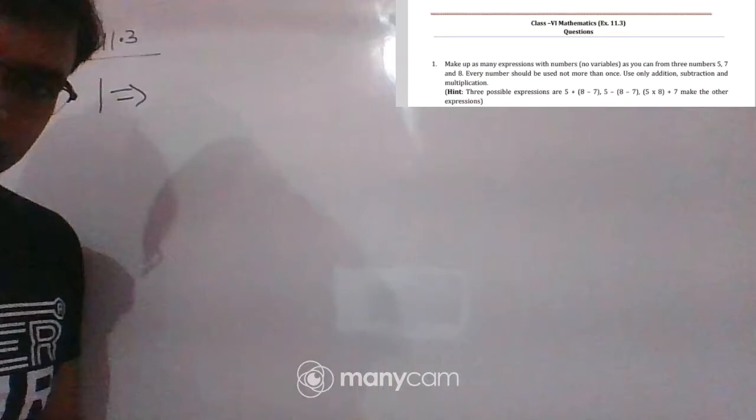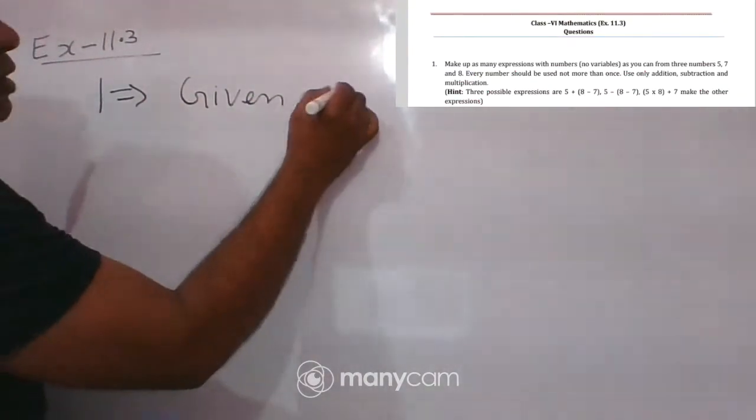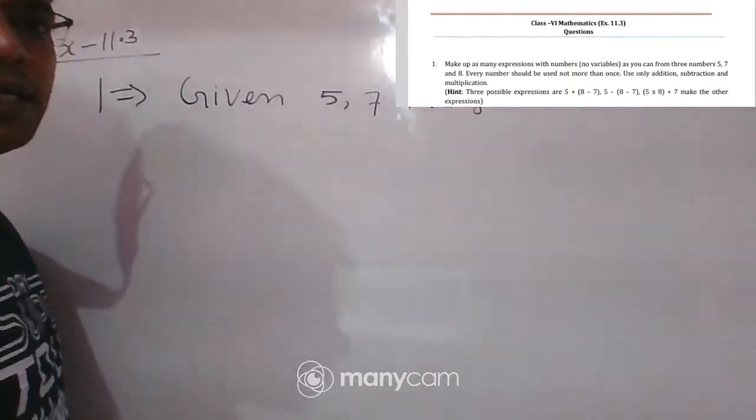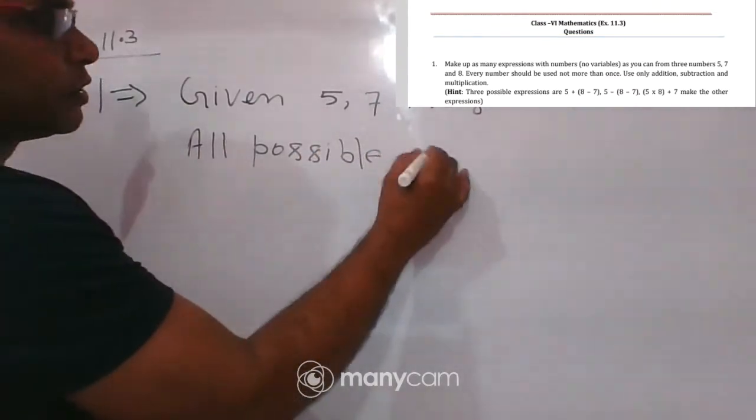So we use only three arithmetic operations: addition, subtraction and multiplication. You can write 5 plus 7 minus 8. This is one expression. Next is 8 plus 5 minus 7.